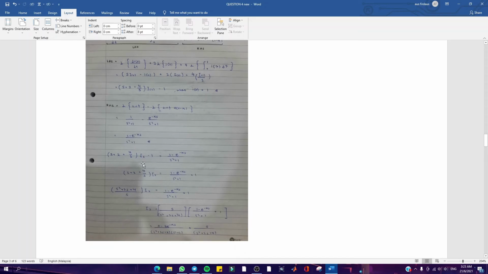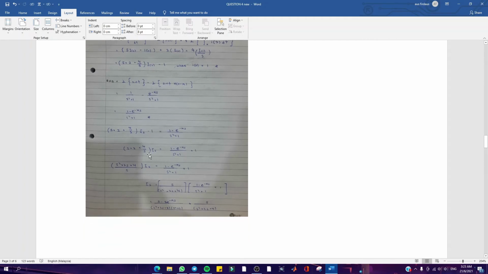And then we combine back the left-hand side and the right-hand side. The negative 1 we put on the right side becomes plus 1. And then s plus 2 plus 4/s, we need to convert to become s squared plus 2s plus 4 over s, so it is easy for us to calculate after this.